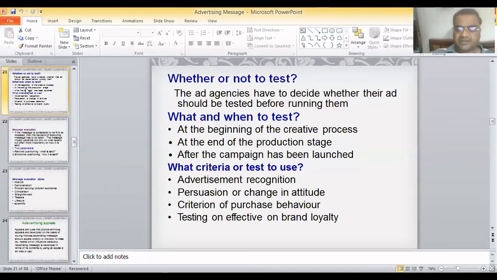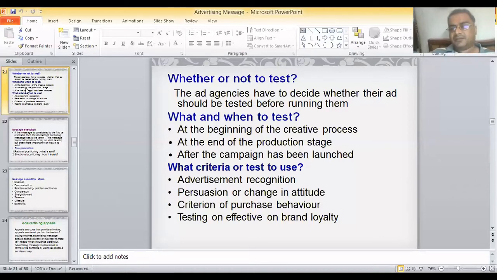Then there is post testing. Post testing is basically done when the campaign is already over. We are no more showing the advertisement, and the advertisement has stopped coming. So in this, the major one is the recall test.